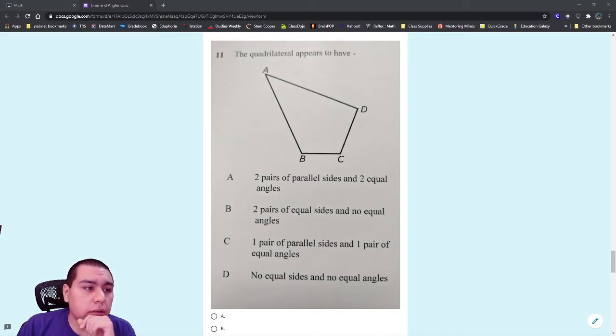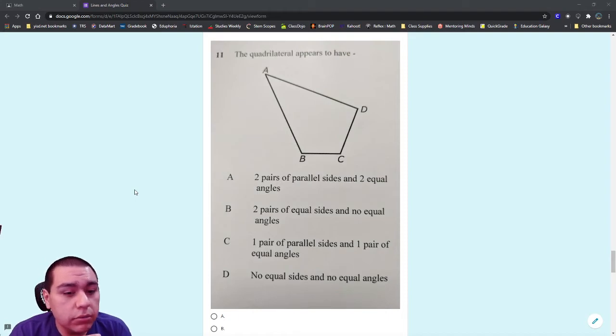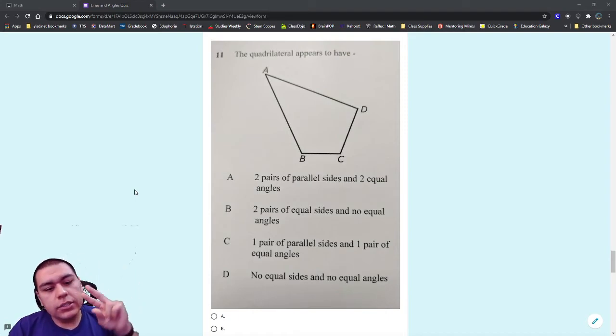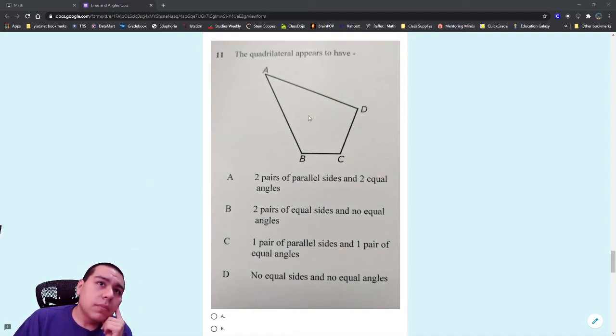If I check B, 2 pairs of equal sides. So that means kind of like a rectangle, how I have 2 long sides and 2 short sides. Does this shape have 2 long sides and 2 short sides? What do you guys think?